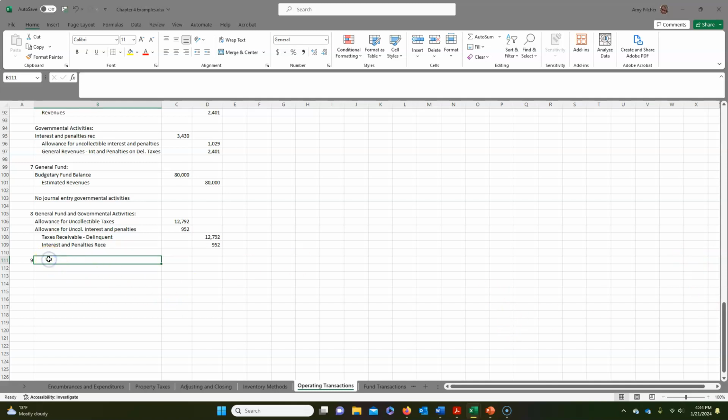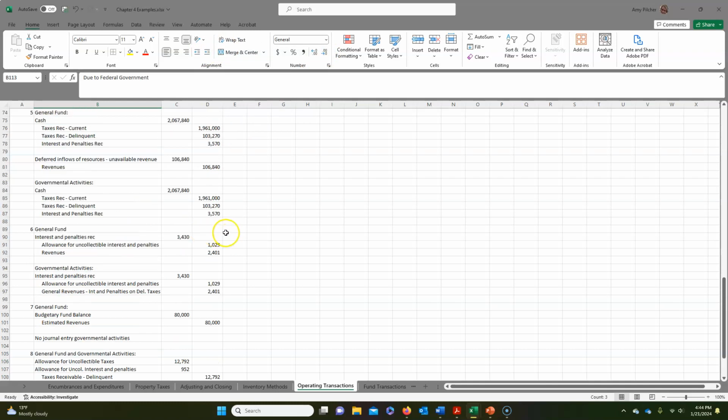Okay, in our general fund, we have expenditures, and then we have due to federal government, due to state government, and then cash that we paid for wages.